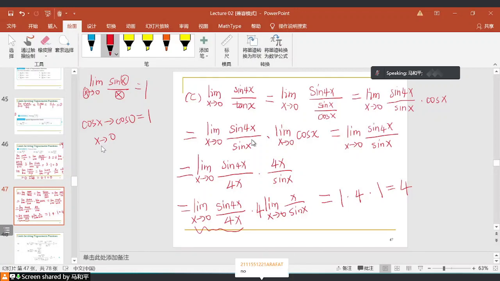Is that infinity? What is infinity? No, infinity is not a number. No questions?